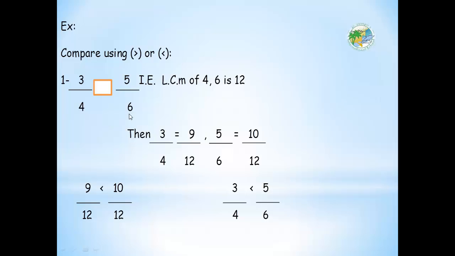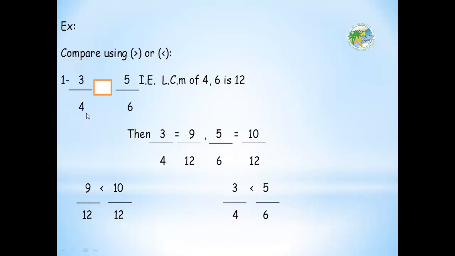Then, what is the property of fractions that we studied before? That if we multiply the denominator by any number, the numerator should be multiplied by the same number. If you want to change the two denominators into 12, each one should be multiplied by a number to equal 12.